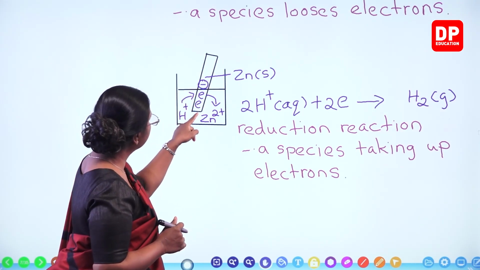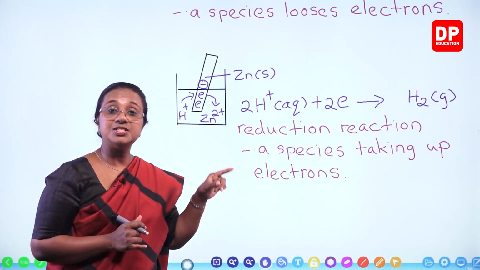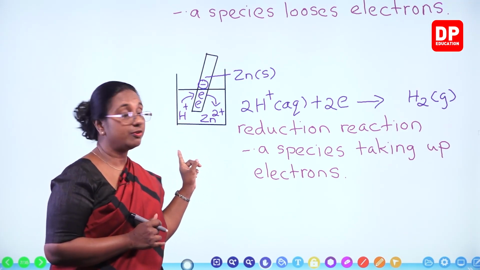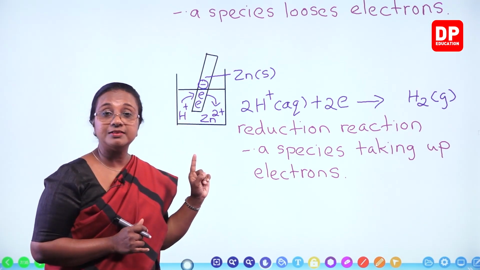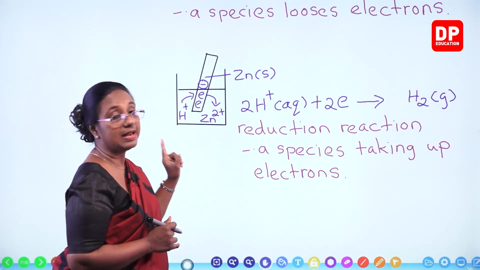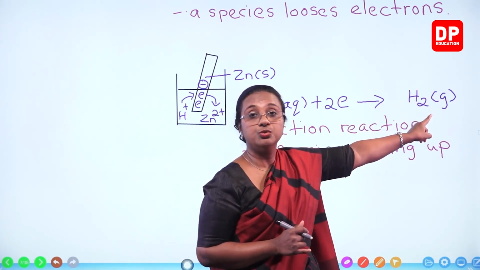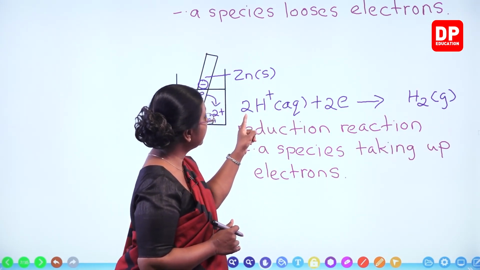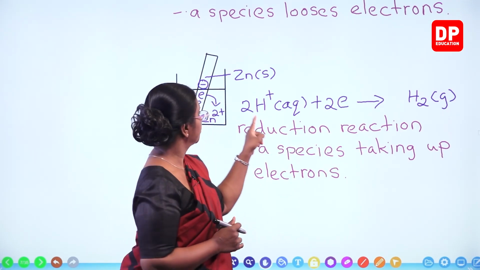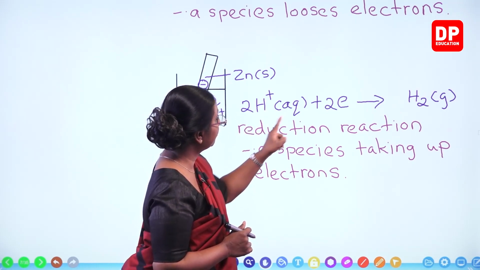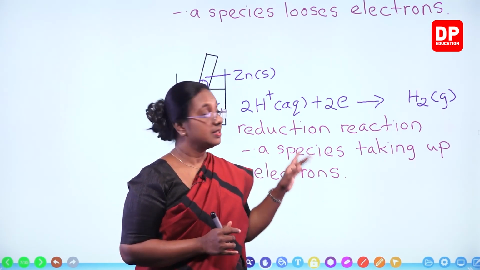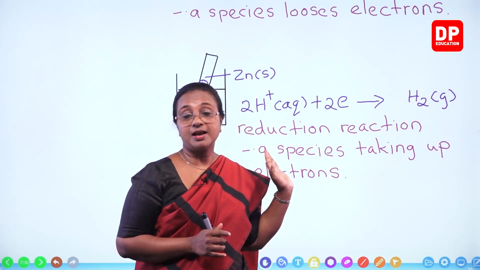At the same time, the electrons remain on the zinc sheet itself. The H+ ions from sulfuric acid get attracted to the electrons, so near the zinc plate they take up electrons and become H2 gas. When a species takes up electrons, it is known as reduction. So 2H+ aqueous takes up electrons and becomes H2 gas.